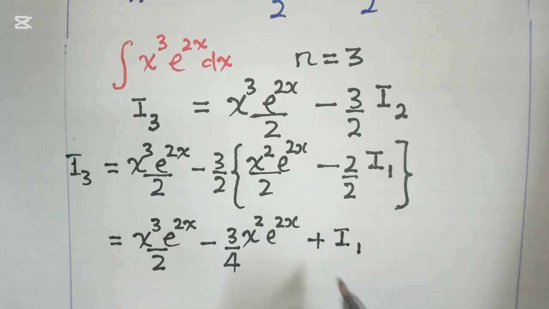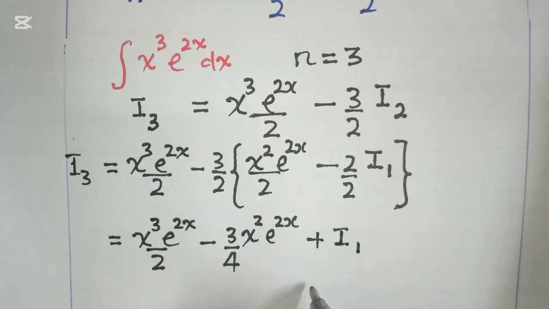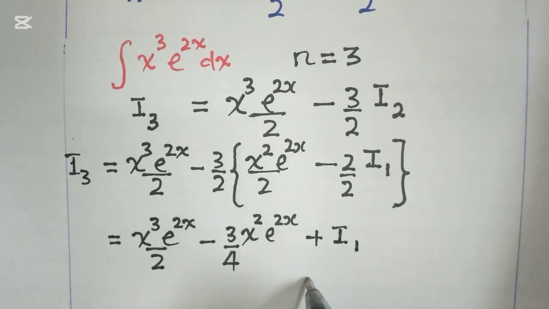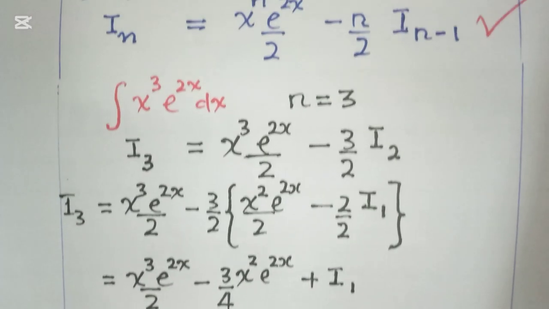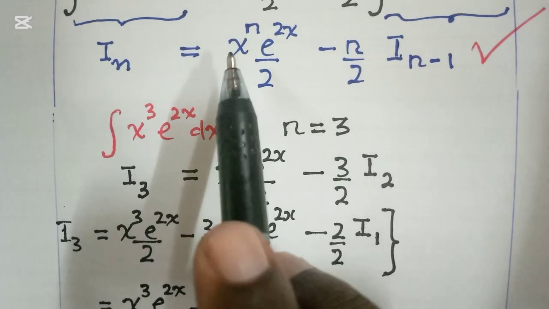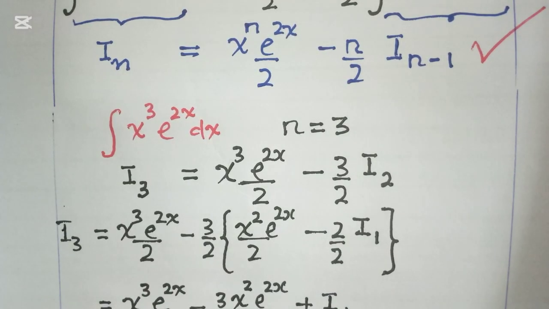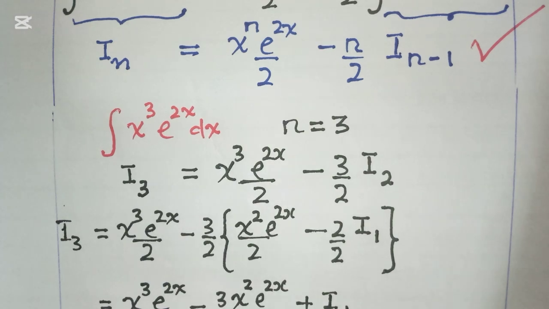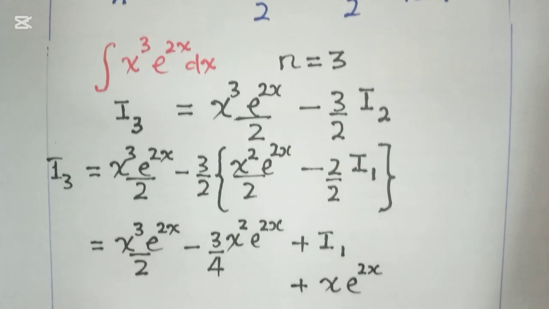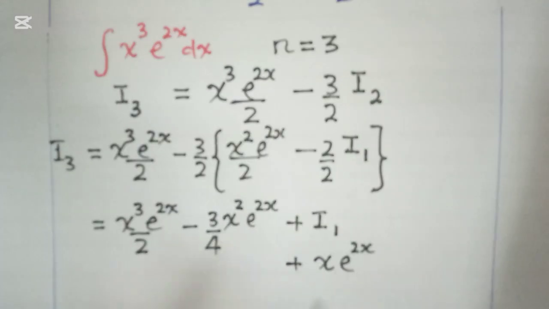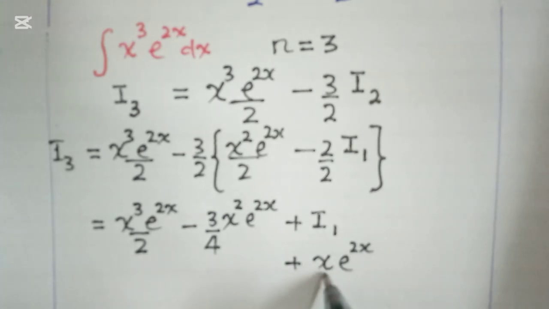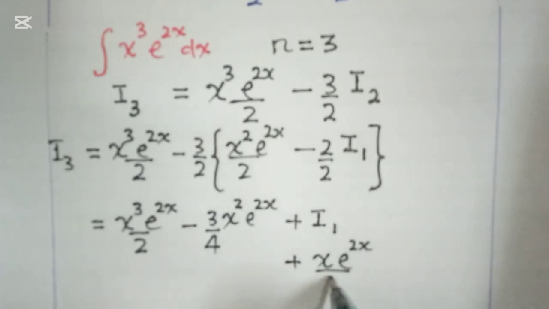So for I1, maybe I can bring it here now. Now we are solving for I1. For I1, we still use the same equation. We come and say this is going now to be x raised to 1 e raised to 2x, like that, all over 2.